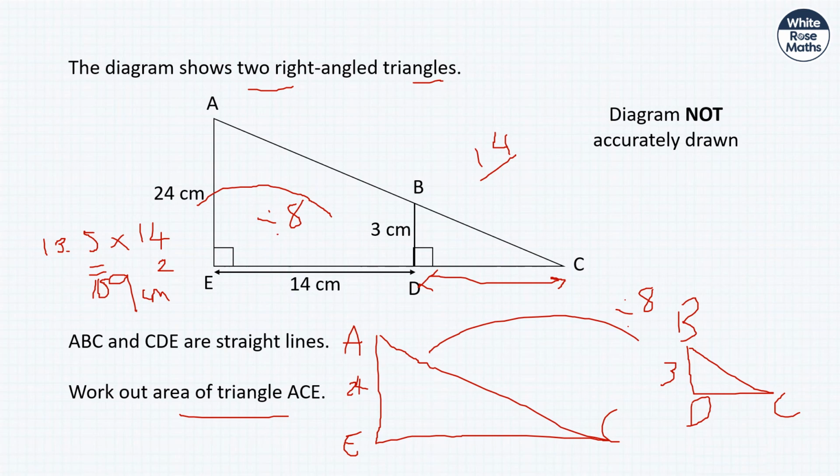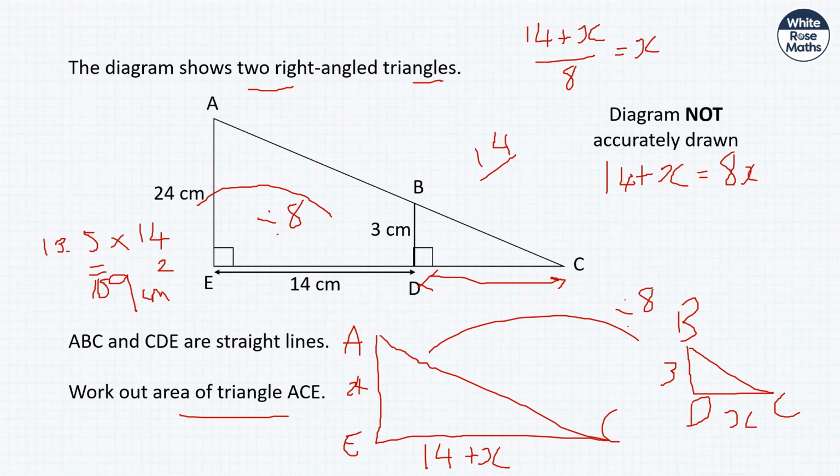So EC will be 14 plus x, and DC I'll just call x. So 14 plus x divided by 8 has to equal x. Times by x, I get 14 plus x is equal to 8x. Subtract x on both sides, I get 14 is equal to 7x. Divide both sides by 7, I get x is equal to 2.